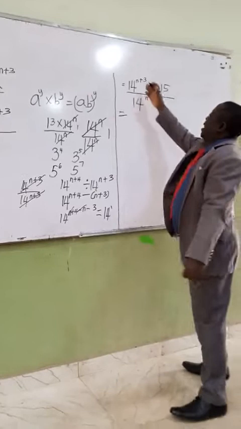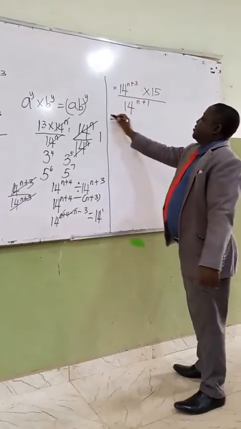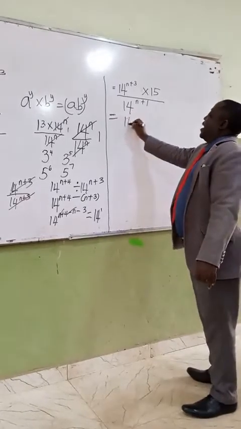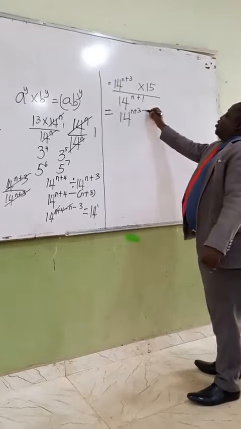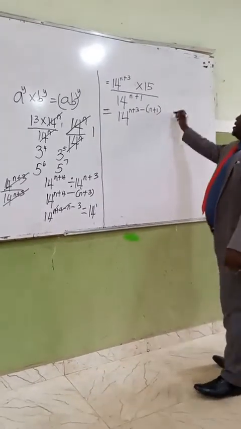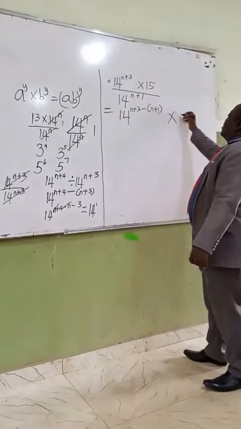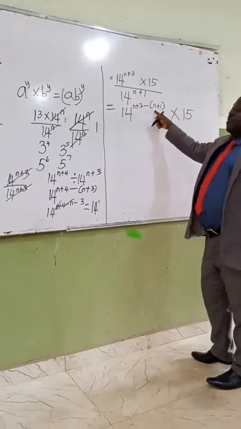Then from here, we want to divide these two bases with different powers. So that is going to be written as 14 raised to power n plus 3 minus open bracket n plus 1, then times this 15 up here. We open the brackets.